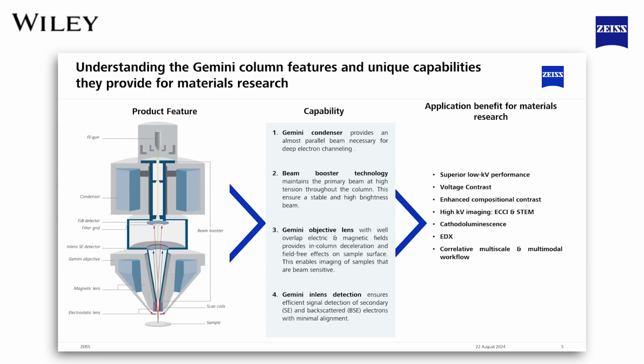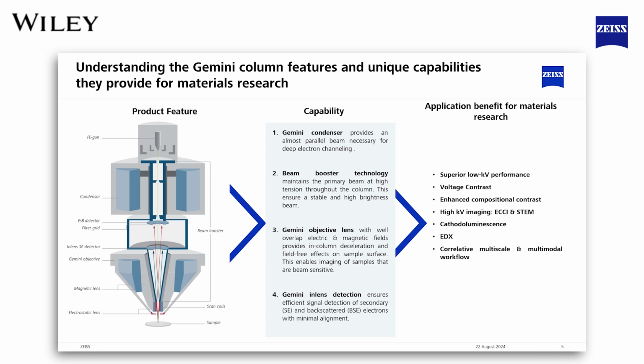Now let's take a look at the Gemini column, the underlying technological centerpiece of these microscopes. Due to its unique design and engineering, the Gemini columns are able to achieve great imaging results. In terms of the capabilities, the column consists of specifically designed condensers that deliver the most parallel low convergence beams.